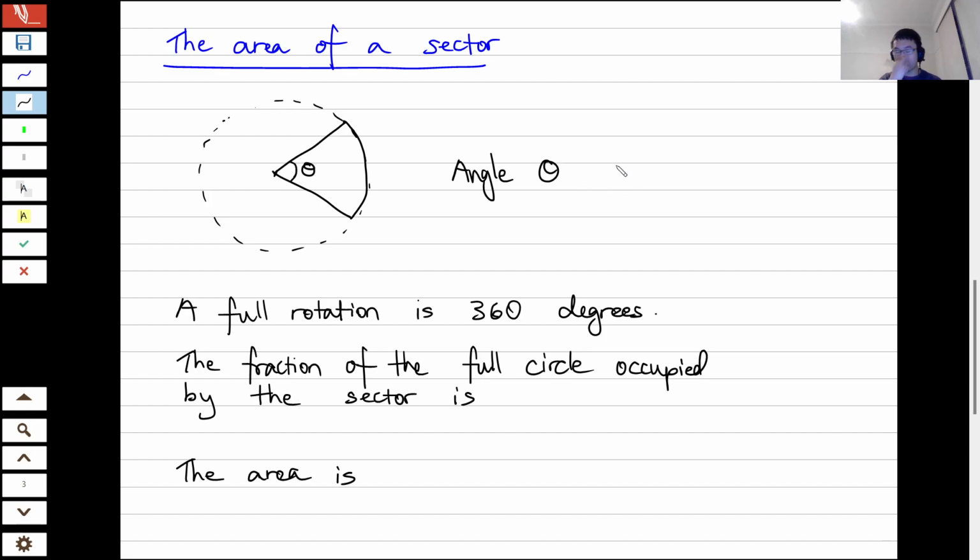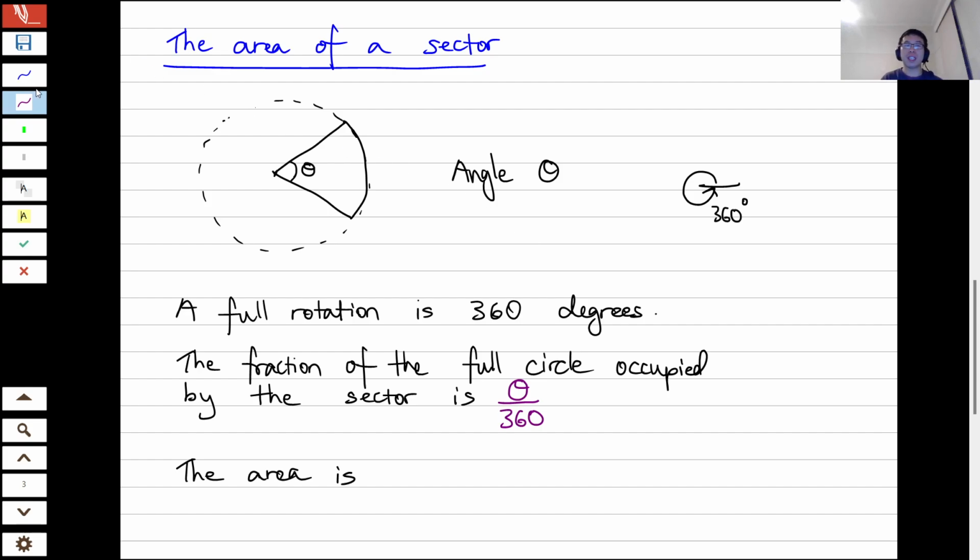One thing that's worth knowing is if I do a full rotation like this from one point to where I started, that is 360 degrees. Hence, if I've only got theta out of the full 360 degrees for the full circle, then the fraction of the full circle that I've got here is theta divided by 360.